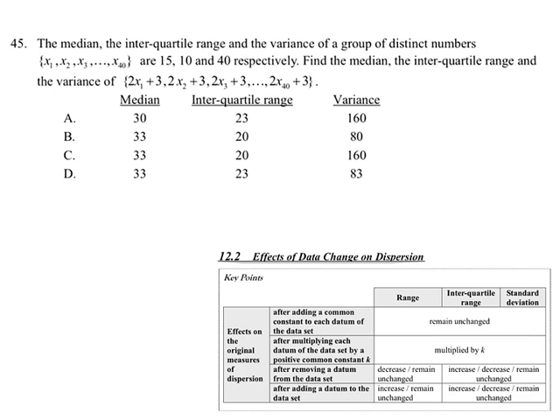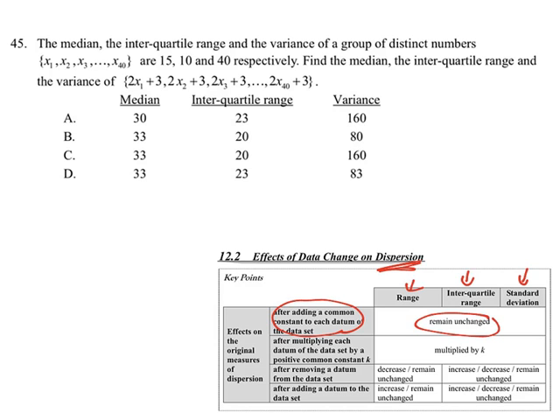Last question, 45, is about the effect of data change on dispersion and also the median. Let's see dispersion first: range, interquartile range, and SD. When we add the same number to the data set, it will not affect the dispersion.